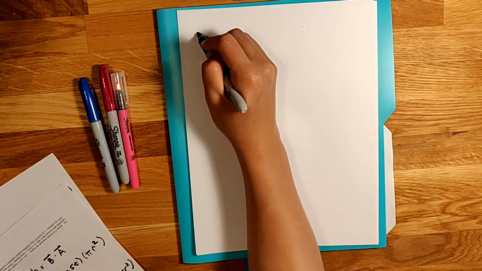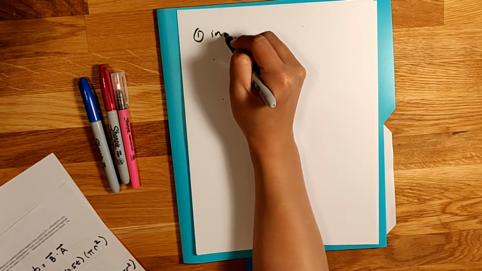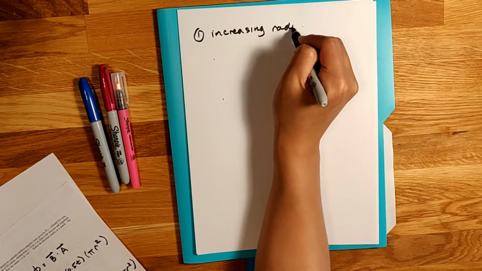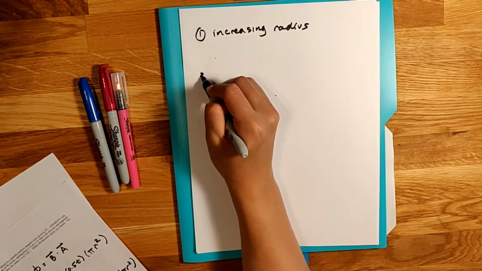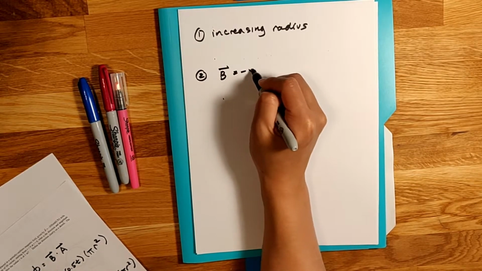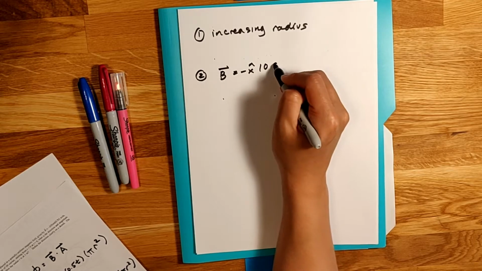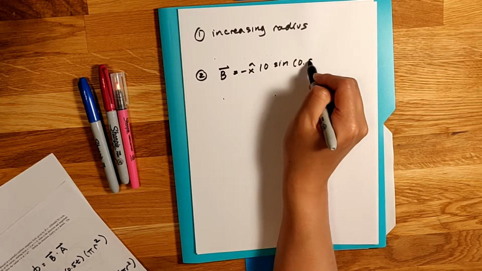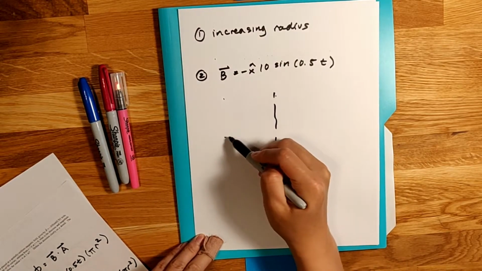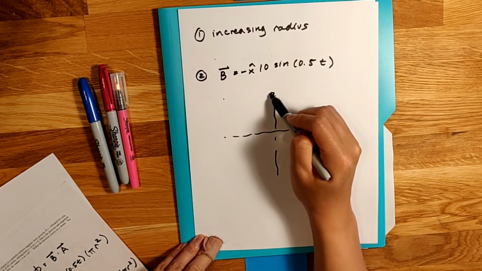So first is the increasing radius. And then the second is the B field, which is also changing, which is negative x hat times 10 sine 0.5t. So I'm just going to draw the diagram so I can use my right hand rule.